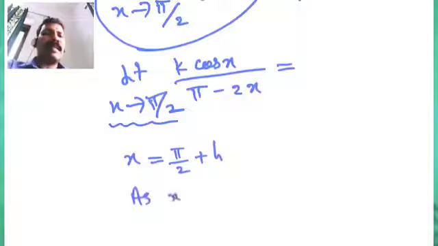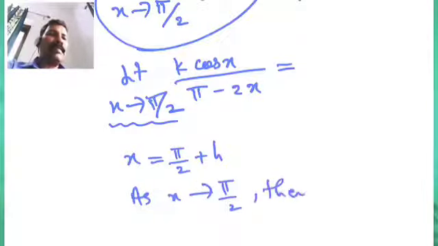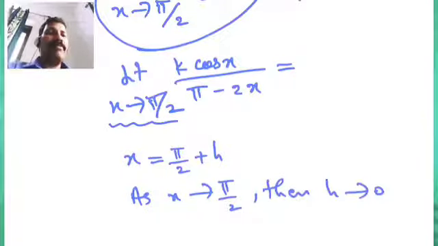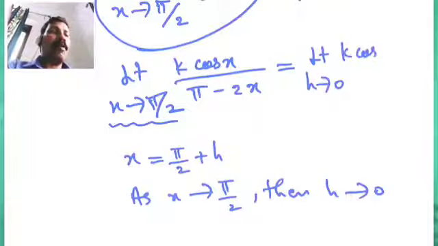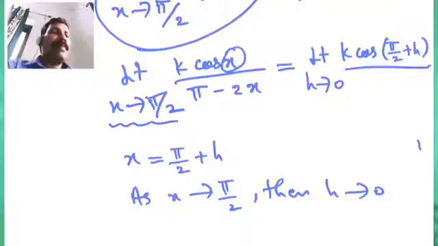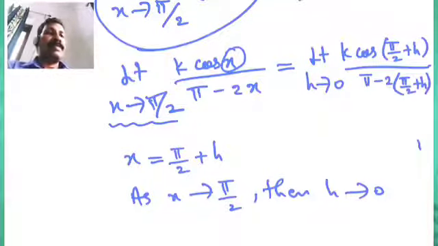So as x tends to pi by 2, h becomes 0. Therefore, we can write the limit as h tends to 0 of k cos, instead of x, we shall write pi by 2 plus h, divided by pi minus 2 into x, where x means pi by 2 plus h.